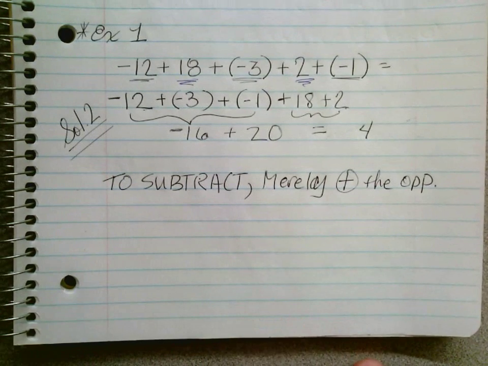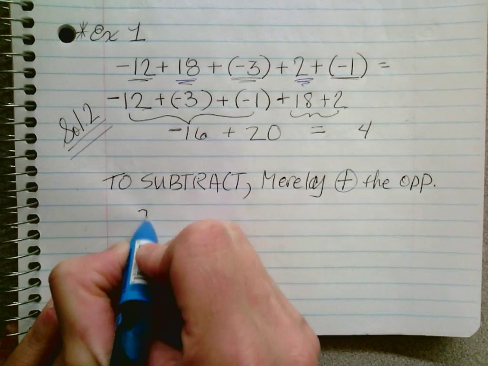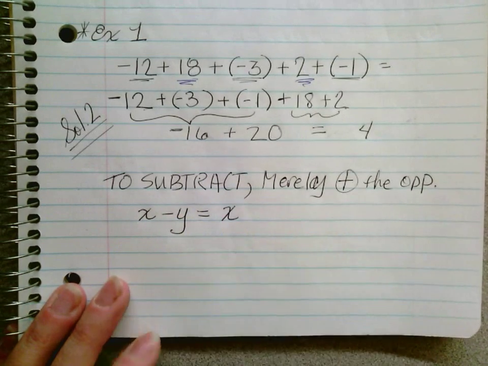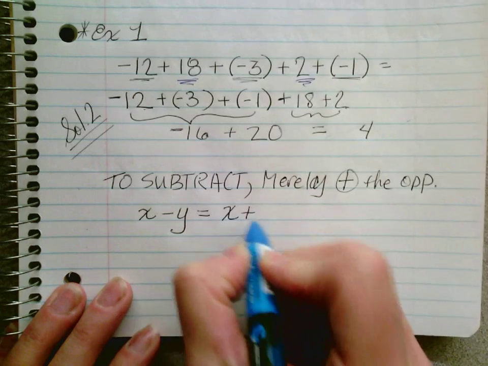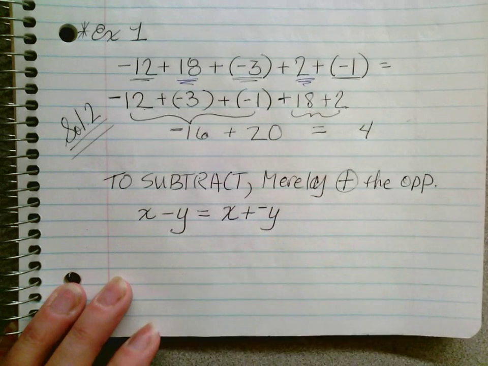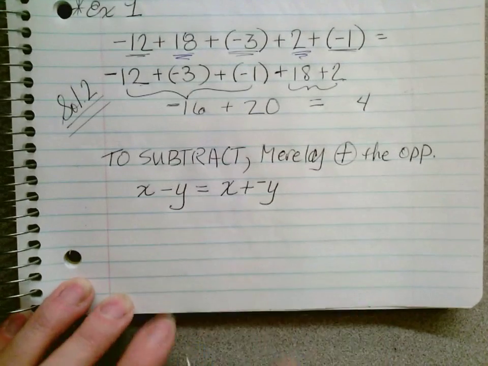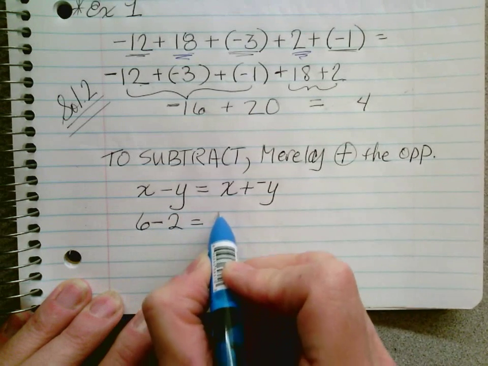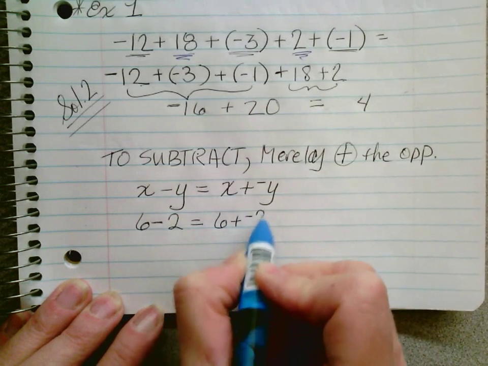Okay, again, I'm writing it very shorthand style, but add the opposite, which they've given you algebraic terminology. So like x minus y is equivalent to taking x and adding the opposite of y, whatever that is. For example, 6 minus 2 is equivalent to 6 plus negative 2.